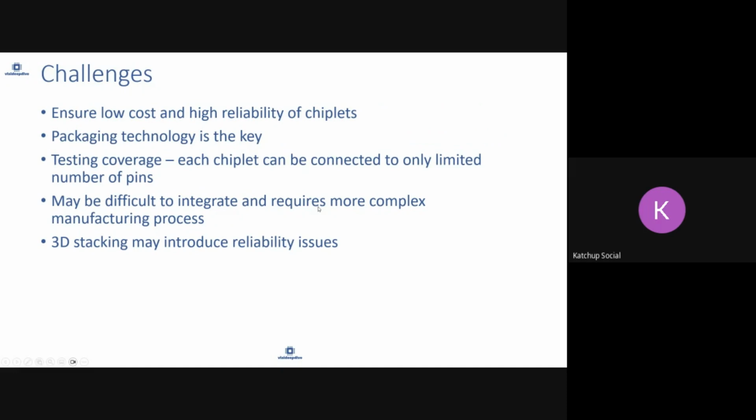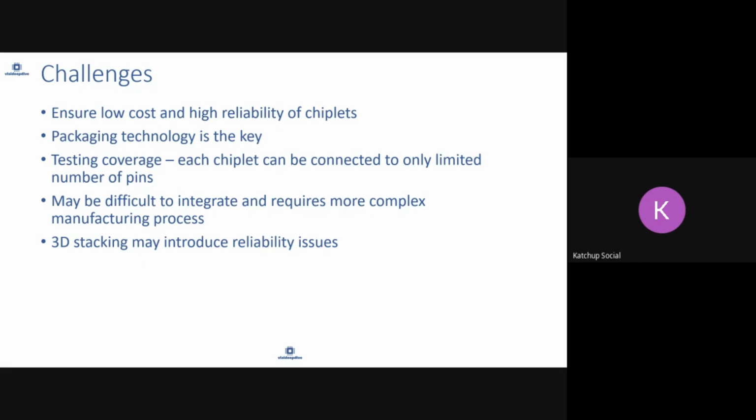Of course, there are some challenges, as it comes with a new kind of technology. It takes some effort to ensure reliability and manage the cost of these chiplets. An important enabling technology for this is packaging.